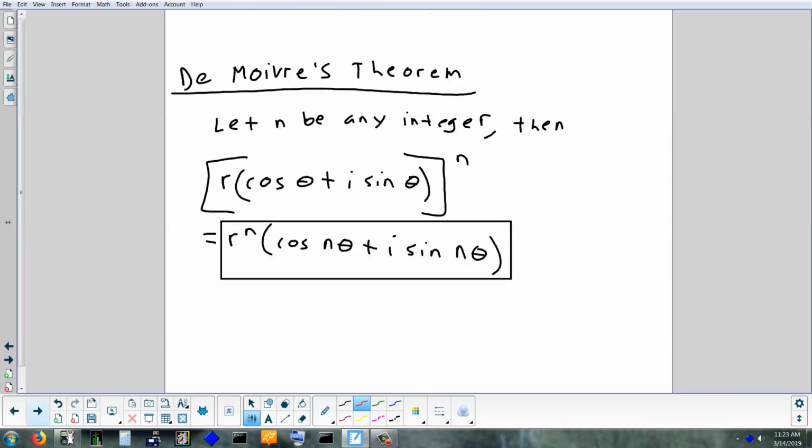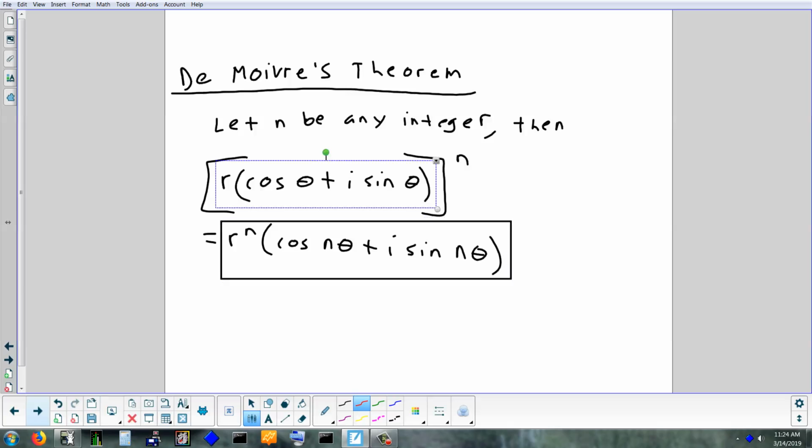So if you want to raise any number in trig form, and that's the whole key, you have to have it in trig form. And that's what we learned yesterday. It can't be in standard form. If you want to raise anything in trig form to a power, step 1, raise the radius to the power. Step 2, multiply the angle by the power.